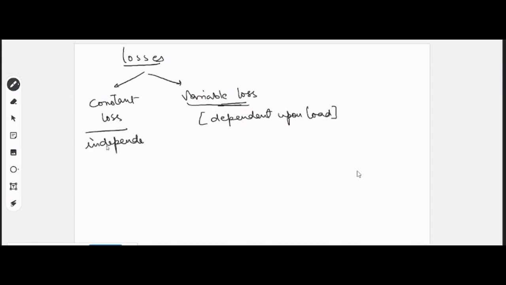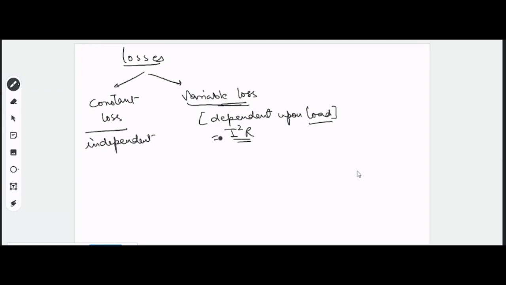Whatever the load, they will remain constant. In case of a motor, load means they will depend upon the current that the motor will be taking, right? So variable losses are basically the copper loss, which we also call I square R loss.